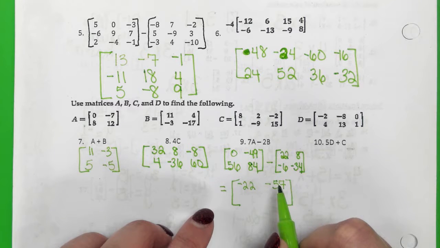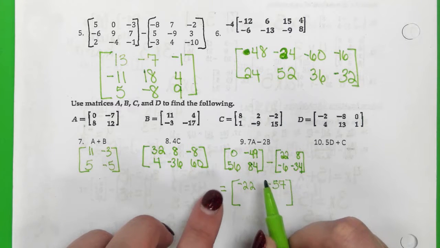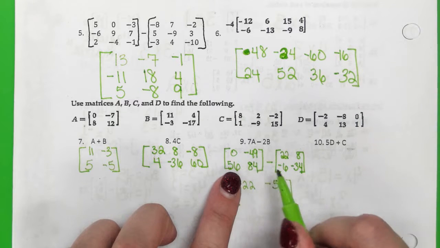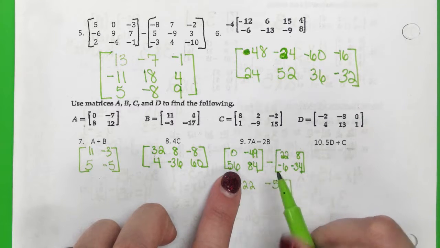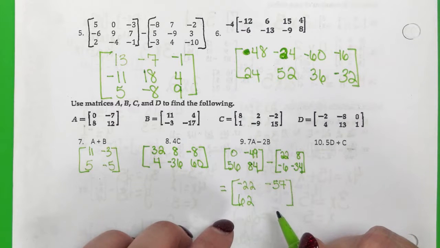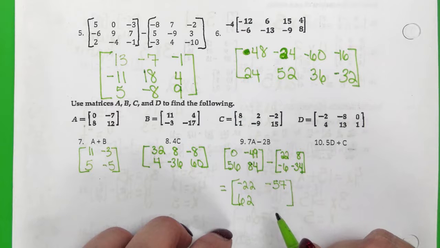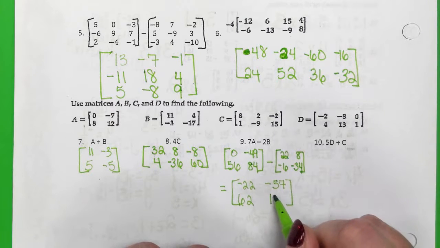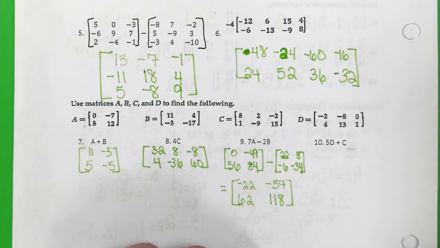Which one, dear? 56 minus negative 6? That'd be 62. Yes. Is that the one y'all were having issues with? Okay. All right. What's the last one? 118. Is that right? There you go.